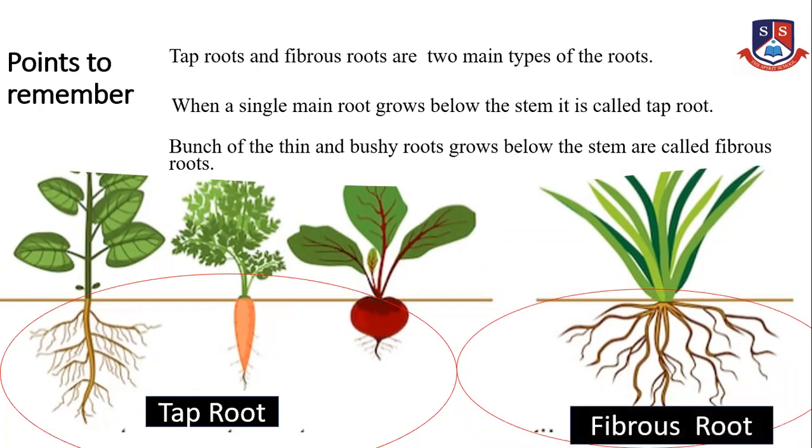This is called taproot because a single main root grows below the stem, and this is called fibrous root because there is a bunch of thin and bushy roots that grow below the stem.